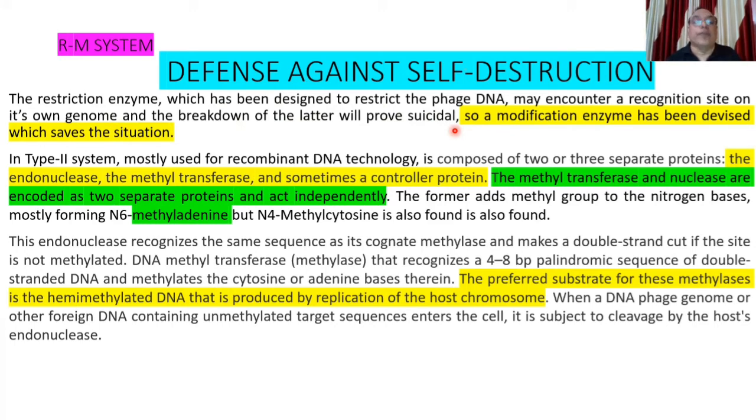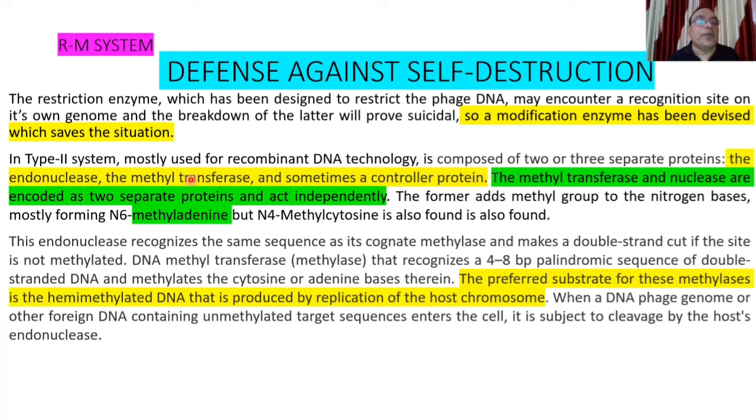It will be self-defeating. The type 2 system, with which we are concerned and which is mostly used for recombinant DNA technology, is composed of 2 or 3 separate proteins: the endonuclease, the methyltransferase, and sometimes a controller protein.